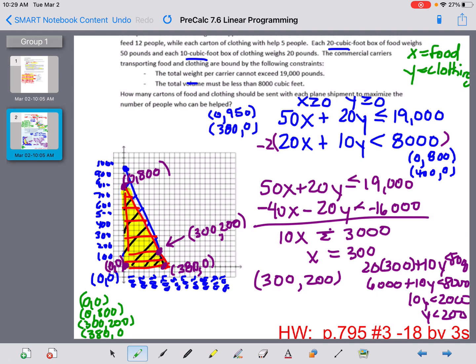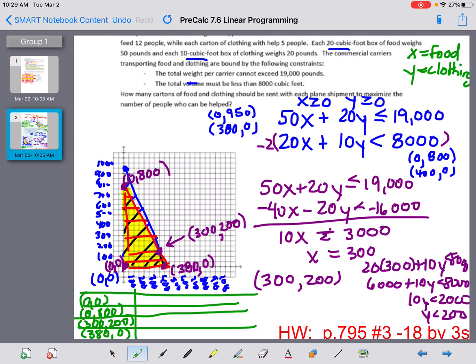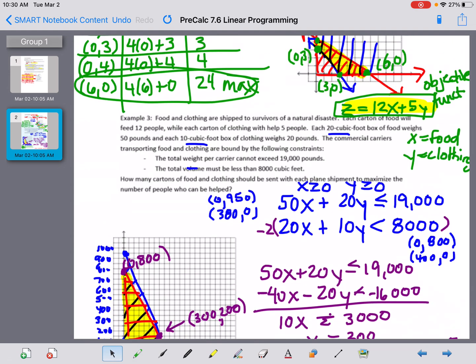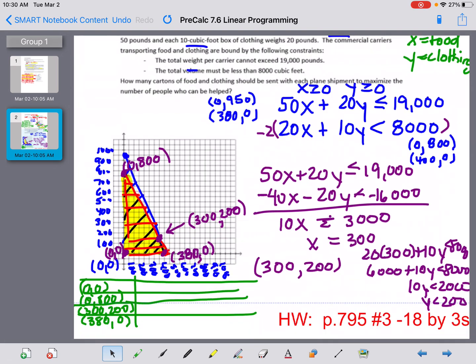I'm trying to figure out what's the maximum help I can give these people by sending these boxes on this airplane. What was my equation up here? 12x plus 5y. That's my objective function, right?